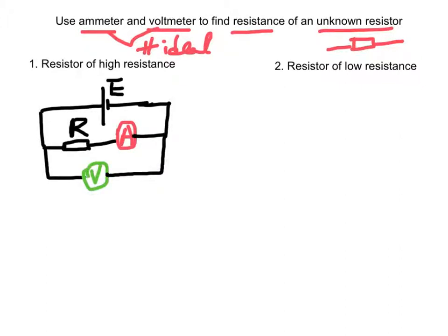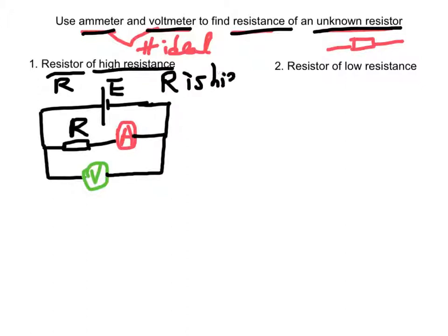In order to find the resistance of an unknown resistor by using the ammeter and voltmeter method, if the resistor R has high resistance, that means when R is high, then we connect the ammeter and the voltmeter into the circuit by using this circuit diagram.